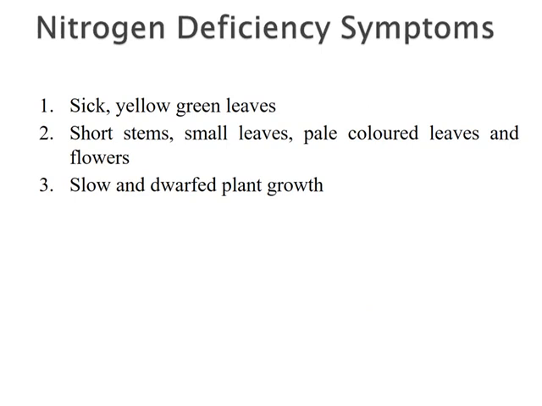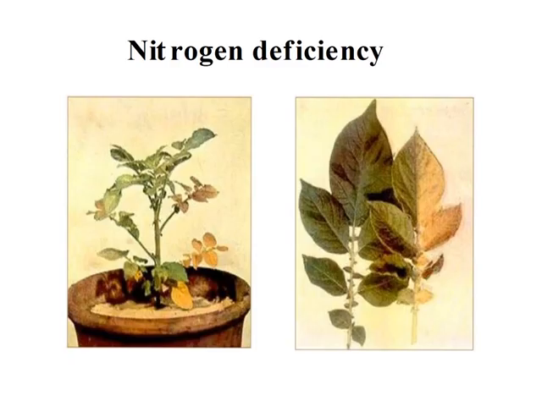There are some typical nitrogen deficiency symptoms. These include sick, yellow, and green leaves, shorter stems, small leaves, pale colored leaves and flowers, slow and dwarfed plant growth. You can see here the nitrogen deficiency symptoms in plant. The leaves look sick.